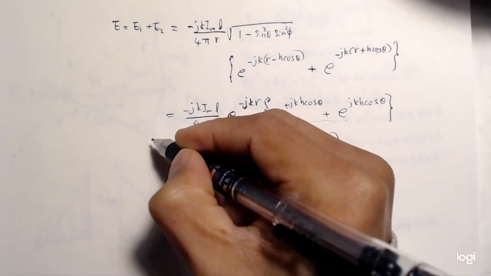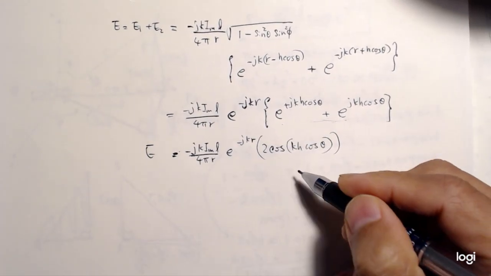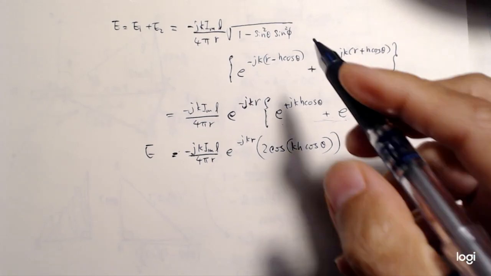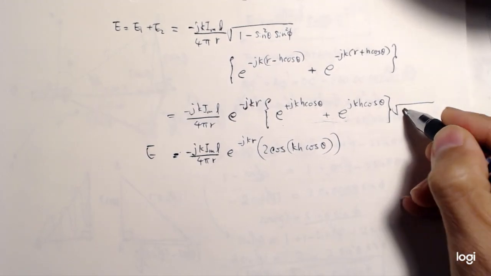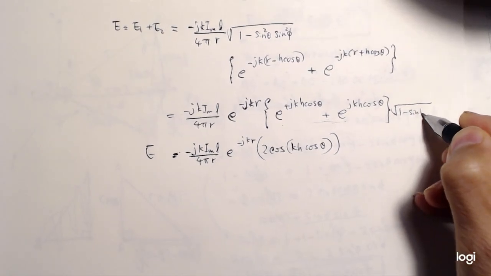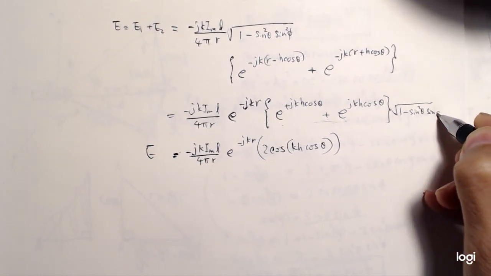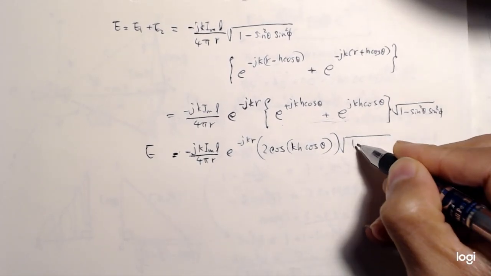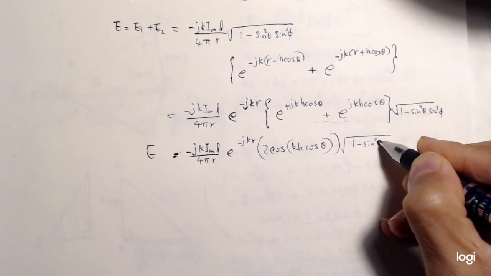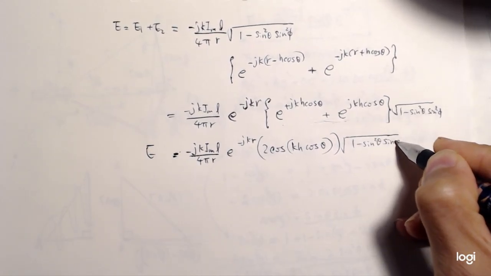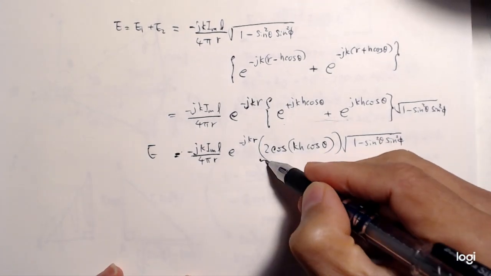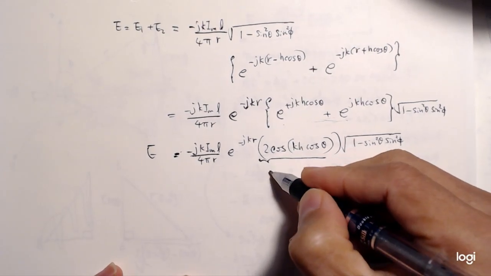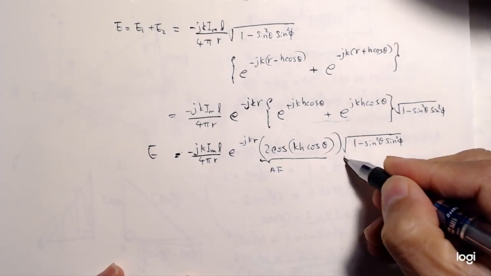So I missed out this expression, right? I should have 1 minus sine beta square sine. So this bit here is the array vector, and this one is the element vector.